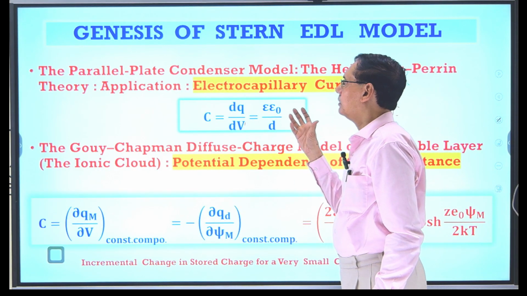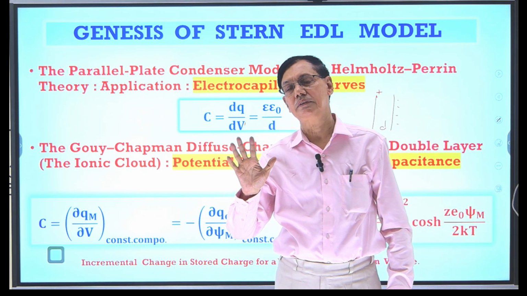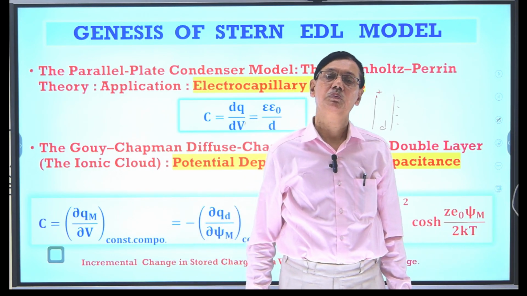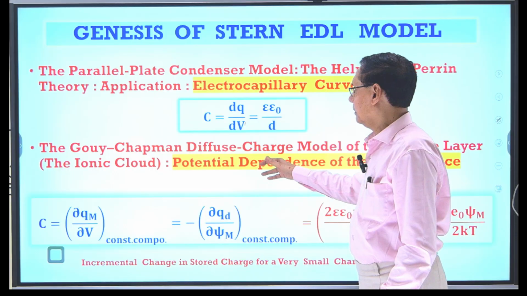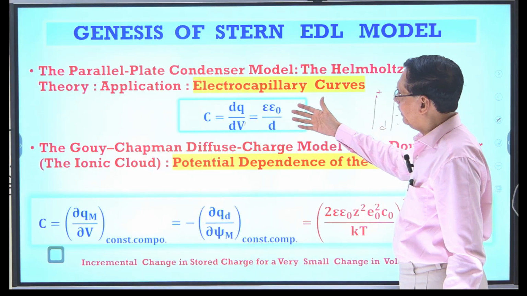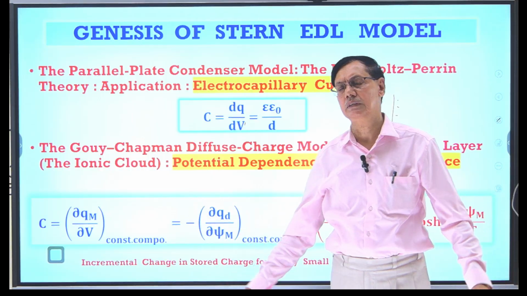According to that model, there is no change in capacitance, but this is not true. With the help of the Helmholtz model, we developed the electrocapillary curves and others. I will not discuss this.